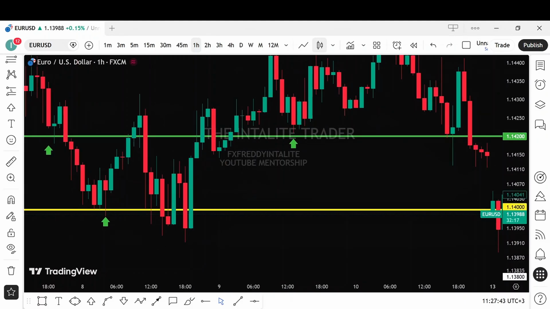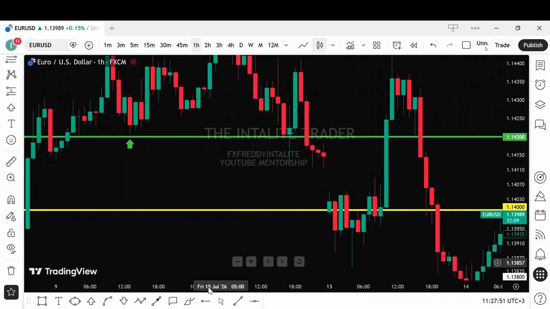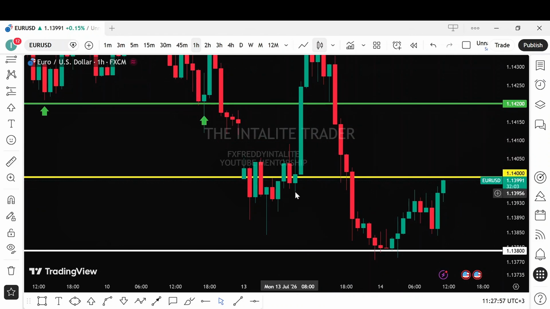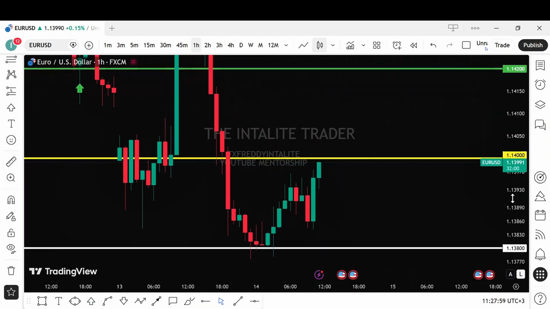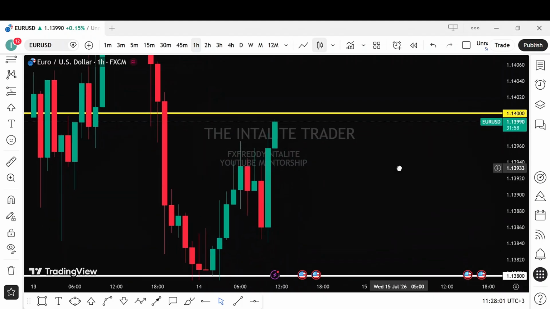Price comes, tries to, it stays here for a lot of time, choppy. Rejections, price respecting these levels. Look at these choppy moves. Right now, as I talk, price is going to this level, the institutional level here, which is the 0 level.